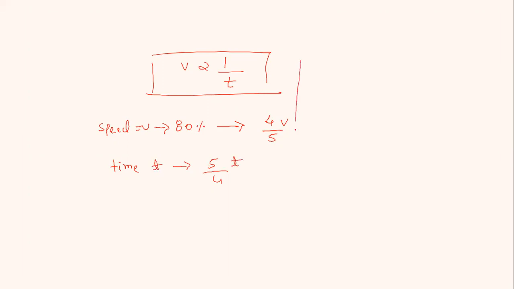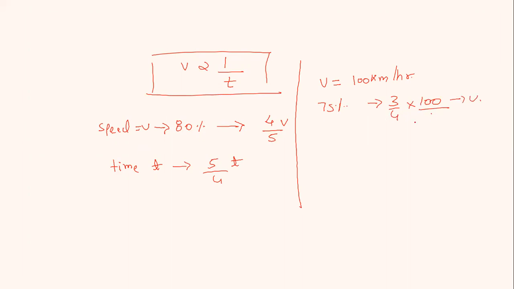Let me take another example. Suppose I travel normally at a speed of 100 km per hour. But due to some reason, today my speed is 75% of my normal speed. So 75% means 3 by 4 times, right? So my new speed is 3 by 4 times of 100. I can take this as v also, but just to illustrate it numerically, I've taken 100.